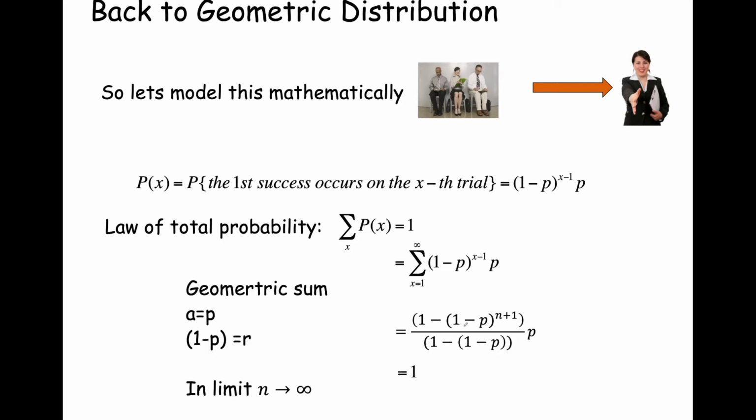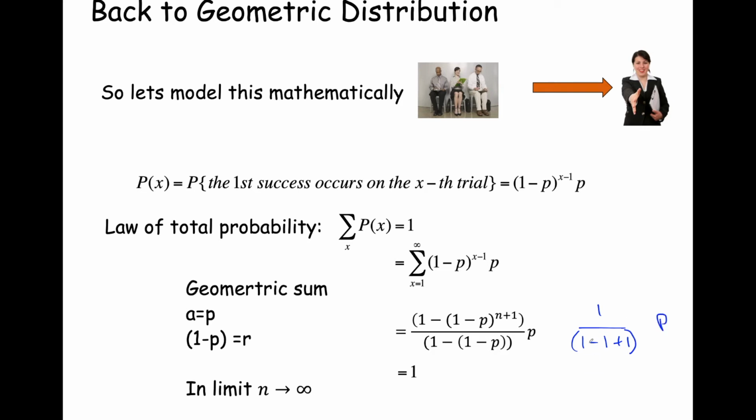Why? Well, 1 minus p is less than 1. And so if we do this 1 minus p to the n plus 1, that goes to 0. And so that's 1 over 1 minus 1 minus p, or if we expand out the denominator, all that times p.